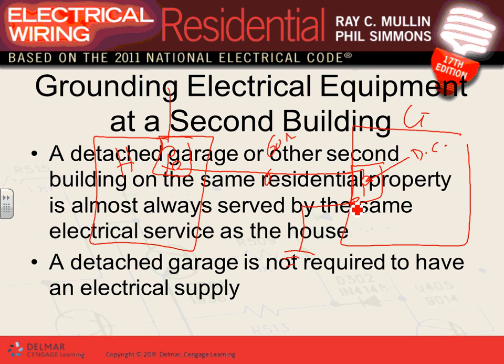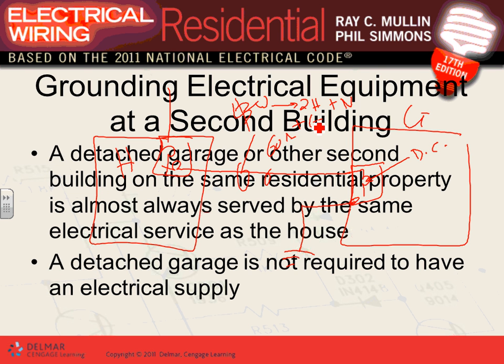And number 3, in residential, you have to pull 3 wires. I'm sorry, 4 wires. You need 4 wires: 2 hots plus neutral plus ground. You have to pull an equipment grounding conductor with it. These are the rules for feeding a separate building from a building that has a service.